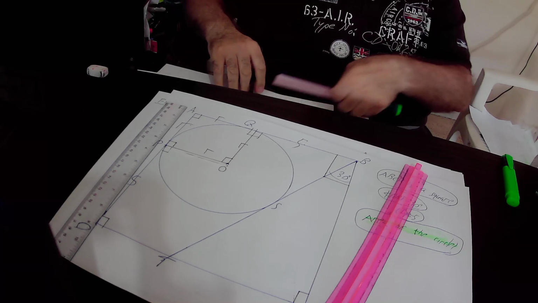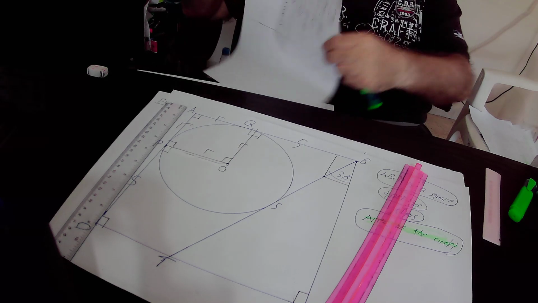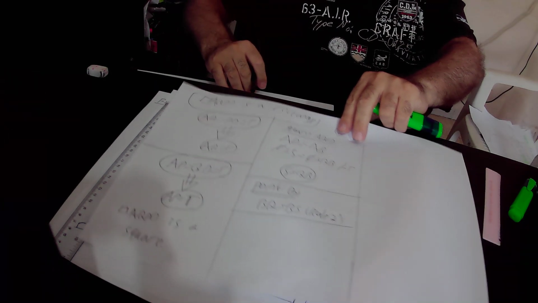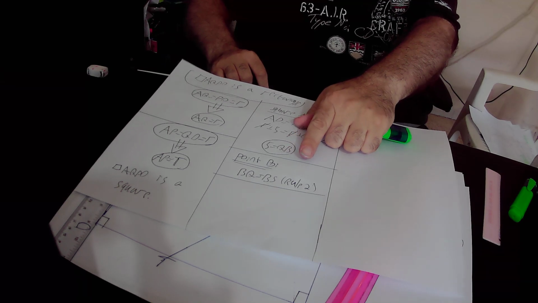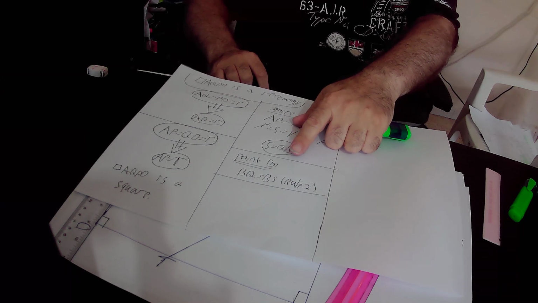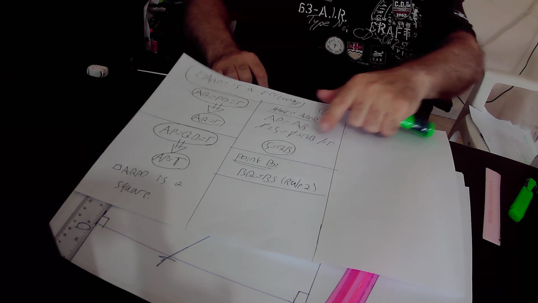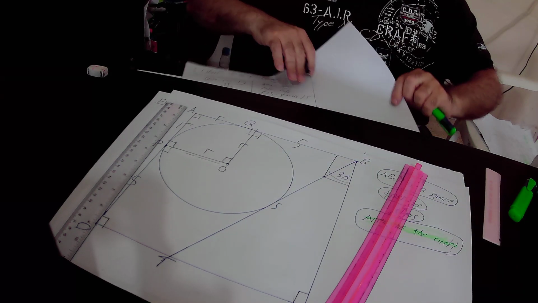Repeat again. If we focus on the common external point B, we have two tangents from point B, tangent BQ and tangent BS, and according to rule number 2, they must be equal to each other. So BQ equals BS, but we have already found out that BQ equals 5 units. Here BQ or QB equals 5 units.